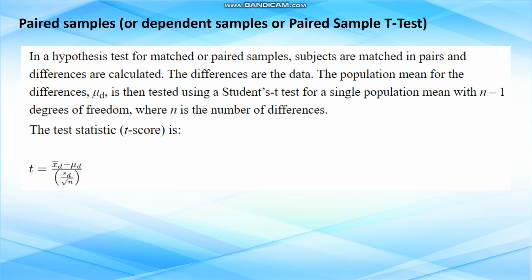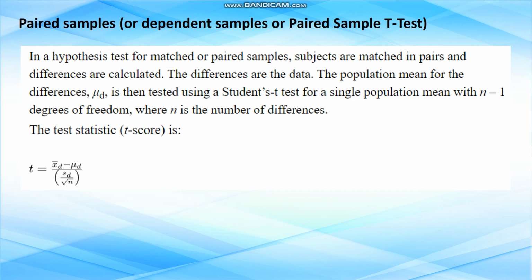So in a hypothesis test for matched or paired samples, subjects are matched in pairs. Imagine X, Y, X, Y, and differences are calculated. You measure the difference between the two points. The differences are the data, and the population mean for the differences we call mu d.